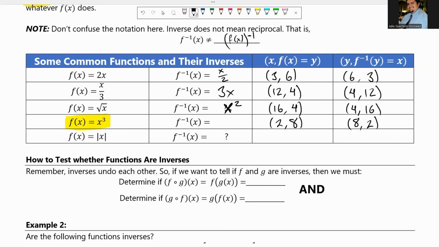If I give it 8, it should give me 2. Since the original cubed whatever I gave it, the inverse has got to undo that. The thing there is the cube root, if you guys have ever worked with that. Cube root of x.